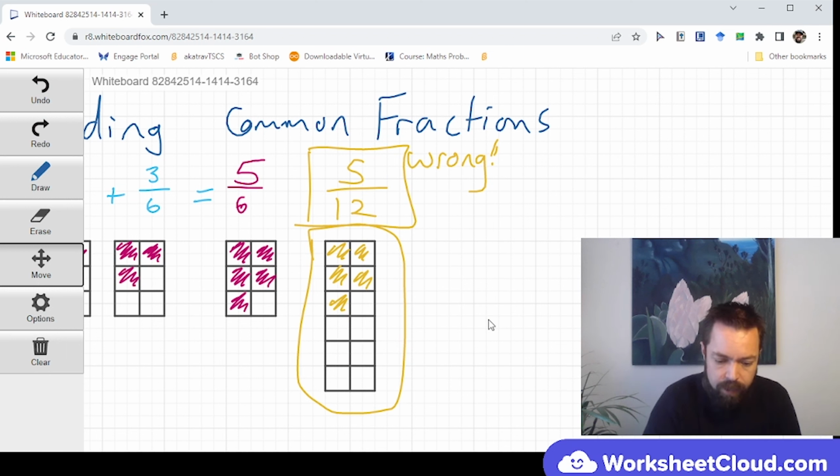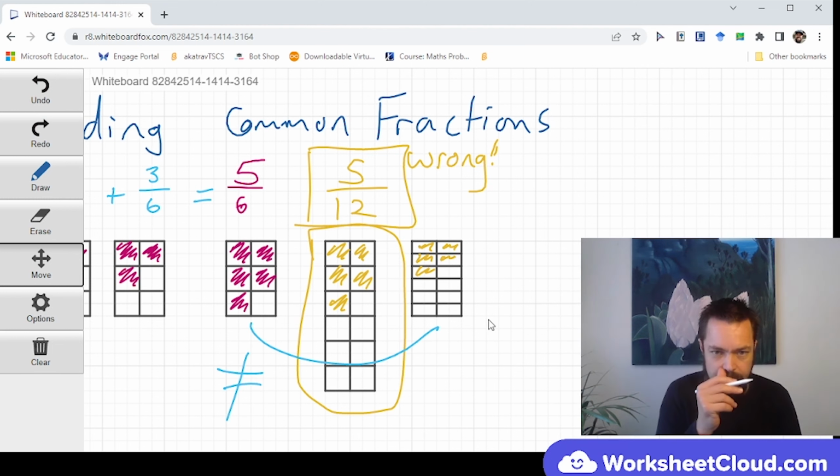Okay, so if we kept the whole the same size, but we made it into 12 pieces, and then we tried to color it in, 1, 2, 3, 4, 5, you'll see that that amount is not the same. So those are not equal. Right, so that's why we don't add the denominator or change the denominator.